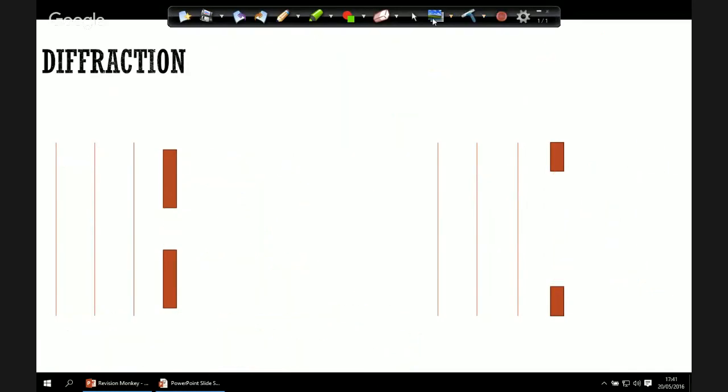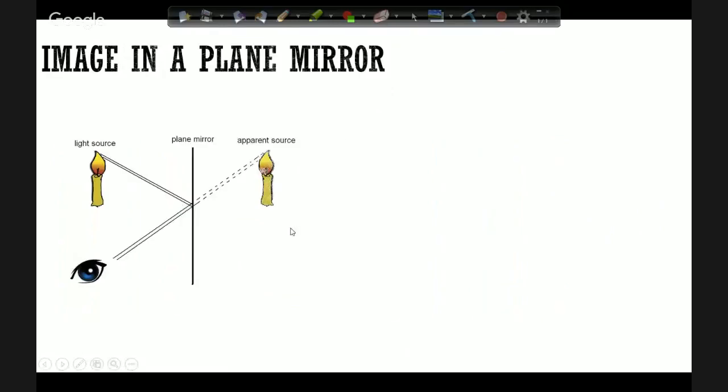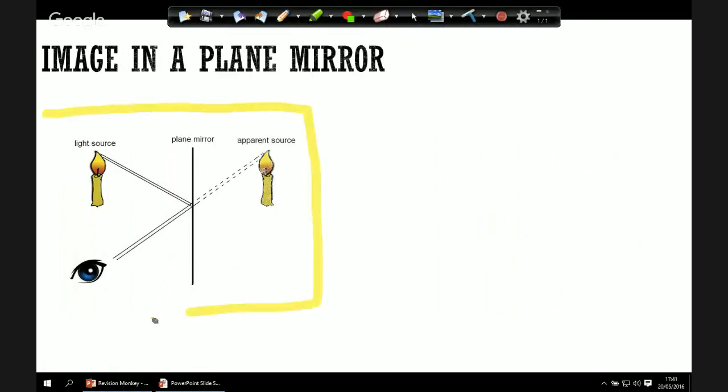Okay, moving on then, we're going to look at an image in a plane mirror. Doesn't come up very often at all, but it is something that people forget when it comes to an exam. When an image is projected inside a mirror, it is called a virtual image. So for example, if we are here looking at the mirror, and this is the mirror here, we would see that candle behind the mirror.